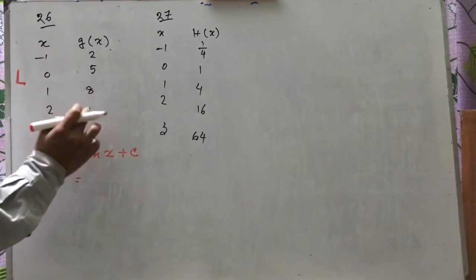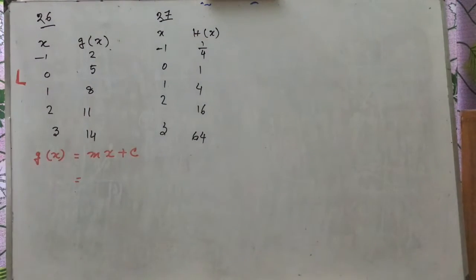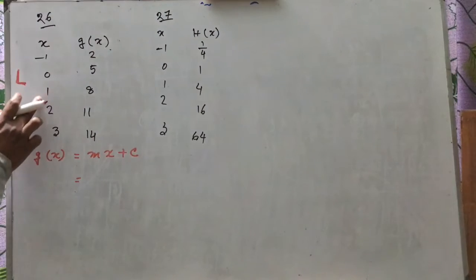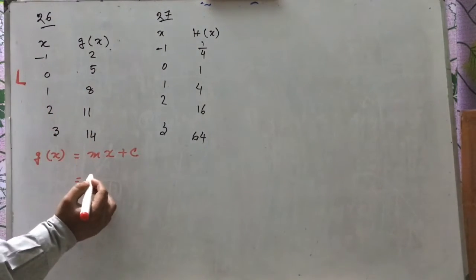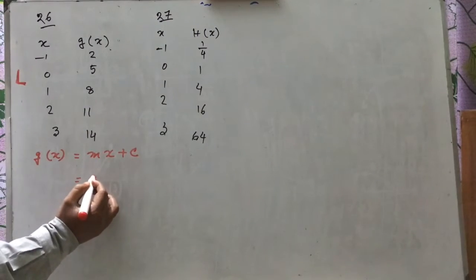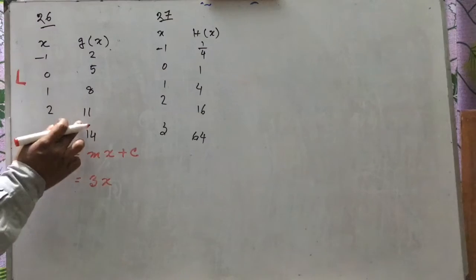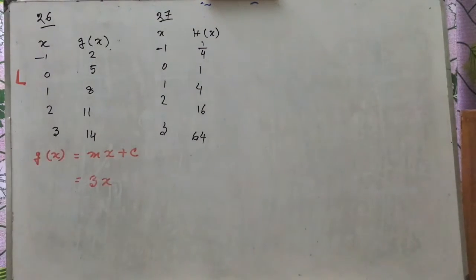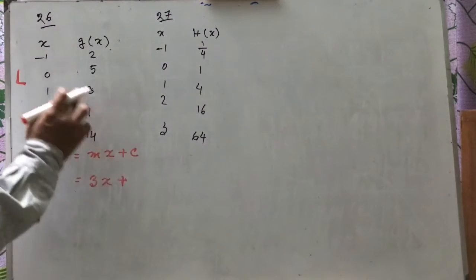You can choose any two values like 1, 8 and 2, 11. But when the x gap is always 1, the common difference is the value of the slope m. Then plus c.